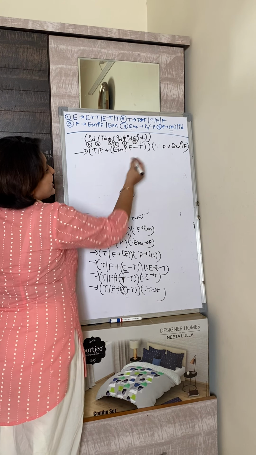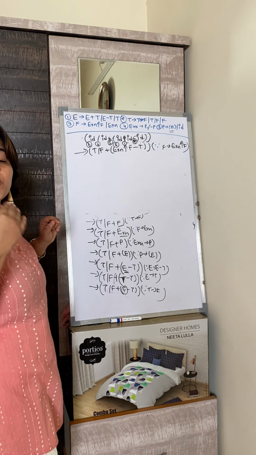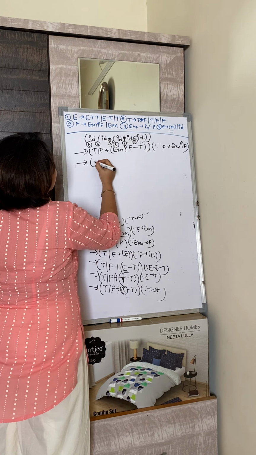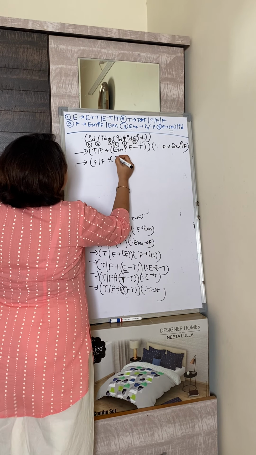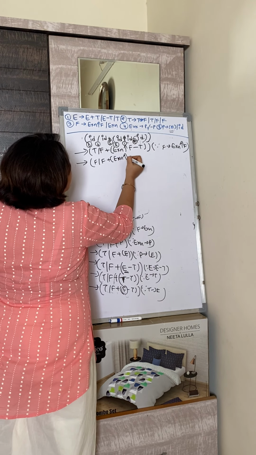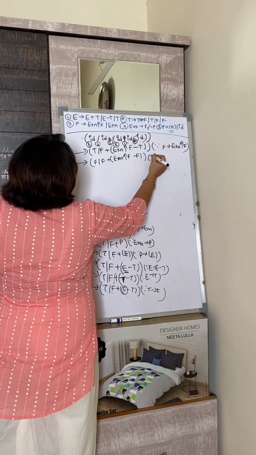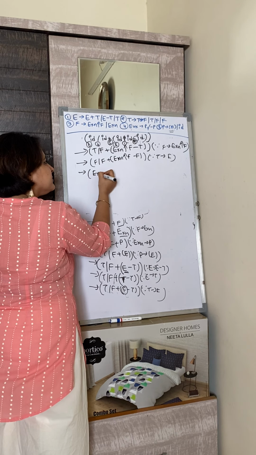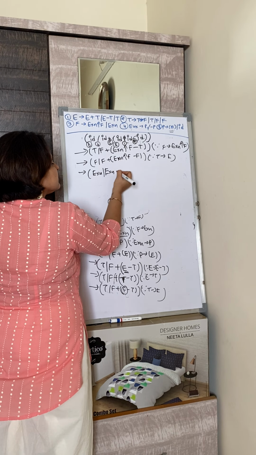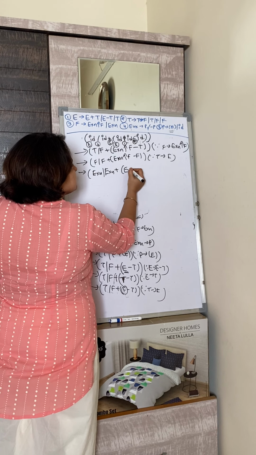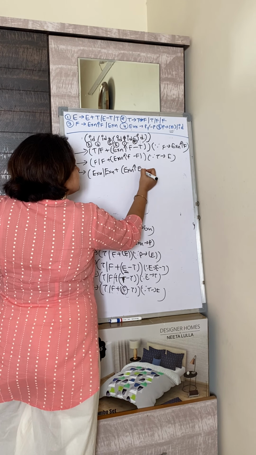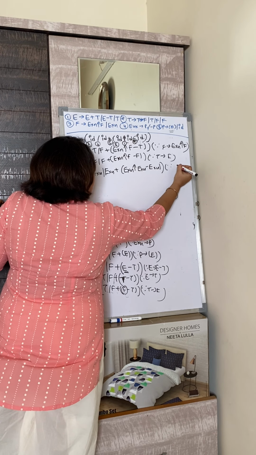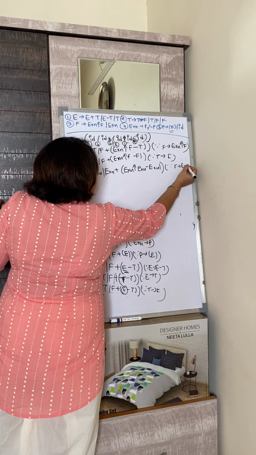Coming back here, what we require is that all these non-terminals need to be derived to terminal ID. So first of all T will be deriving to F, because T derives F. Then F should be deriving to EXN. F derives EXN.